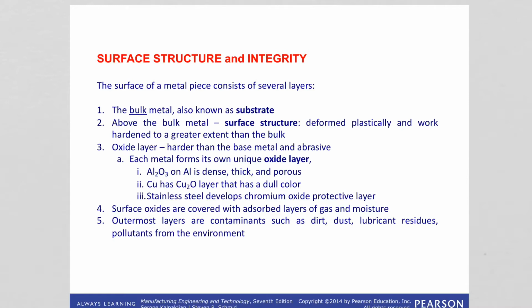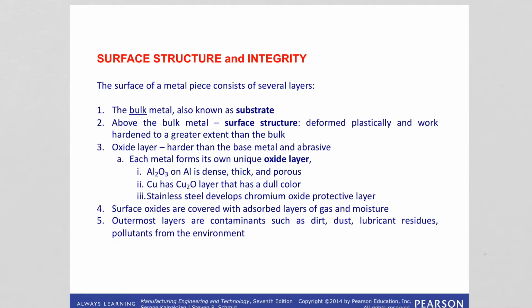But in this case, its behavior is different from the oxide forming on other materials. Like iron: when iron forms oxide, it is rust, and there is no corrosion protection at all. So as you have seen, different materials have different oxide layers, and each of these oxide layers has different properties.